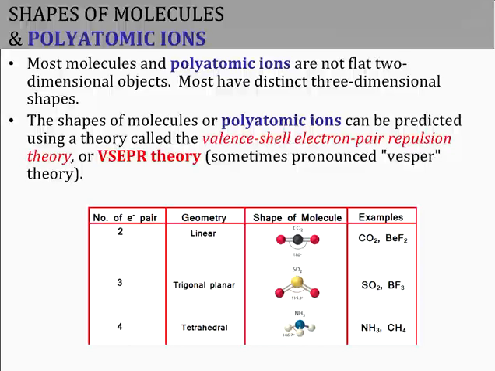So remember last time we went over a few examples of Lewis structures. And so now we're going to talk about their shapes. Most molecules and polyatomic ions are not flat two-dimensional objects. Most have distinct three-dimensional shapes. Now, we're including polyatomic ions here because remember, they have a group of covalently bonded atoms.